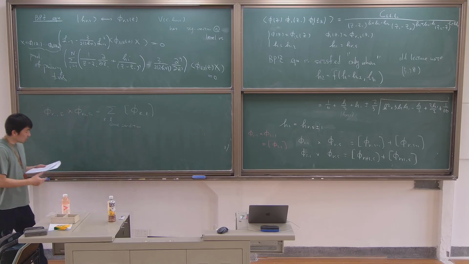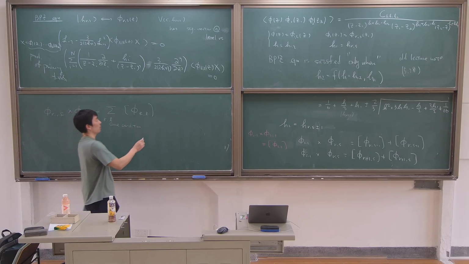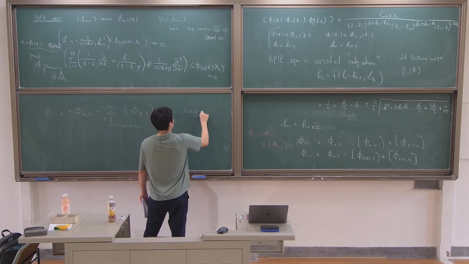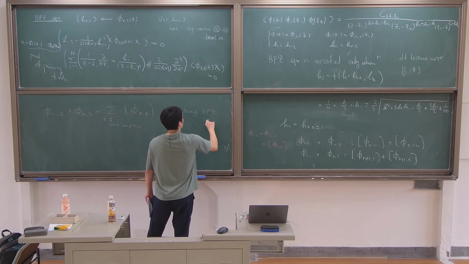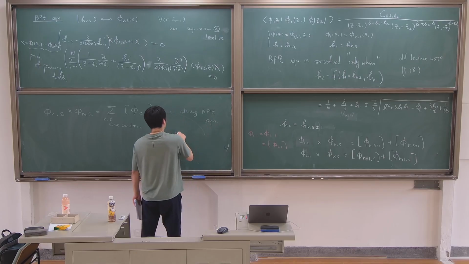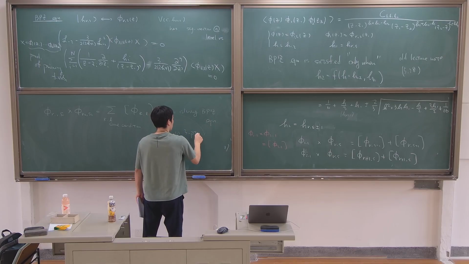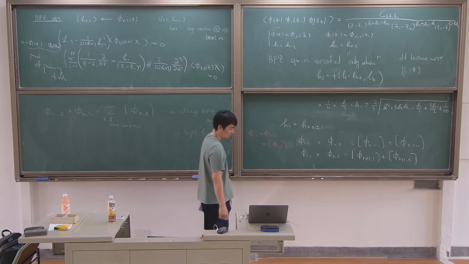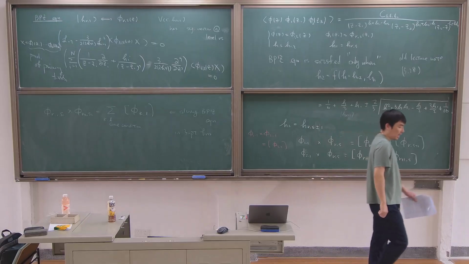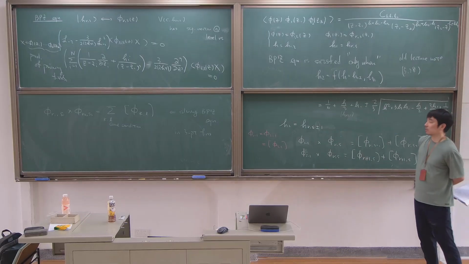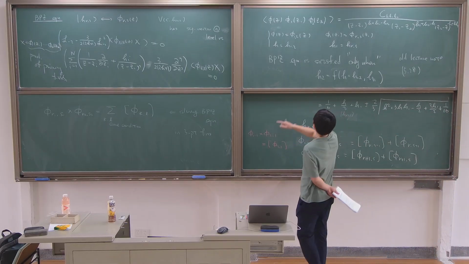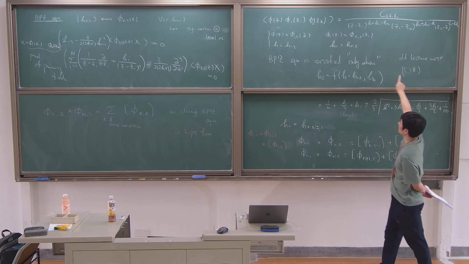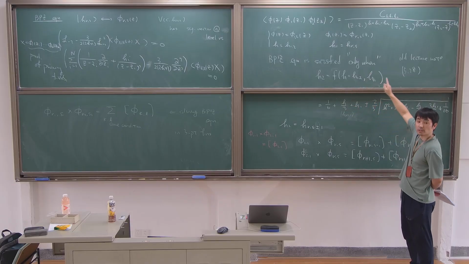This is the consequence of solving BPZ's equation in the three-point function. If you apply this BPZ equation to the three-point function, you always get this kind of constraint.